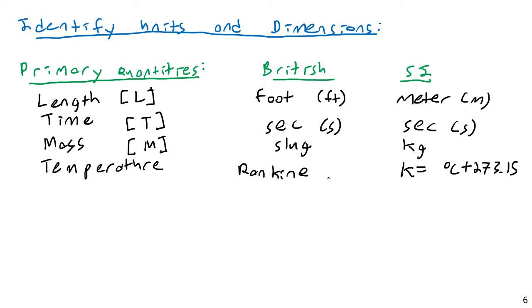Rankine is to Fahrenheit as Kelvin is to Celsius. Got to get that order right. And for the conversion, degrees Rankine is equal to degrees Fahrenheit plus 459.67 degrees.